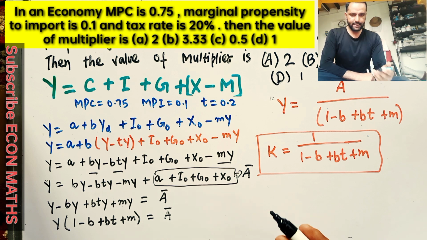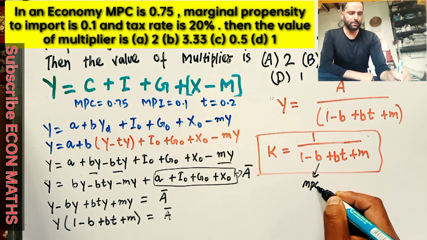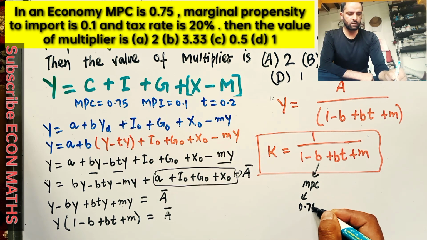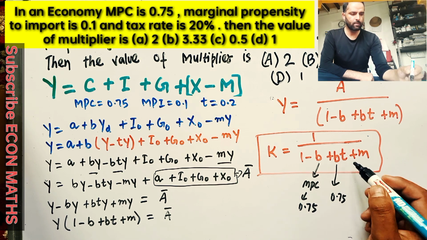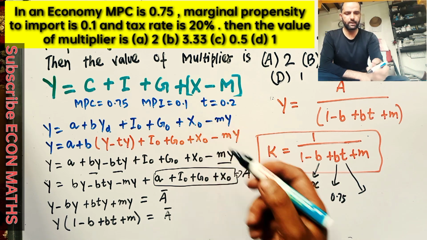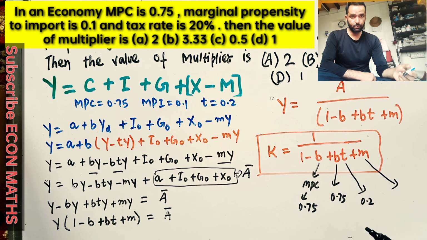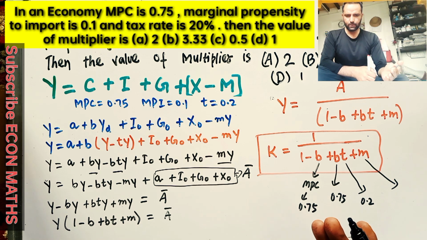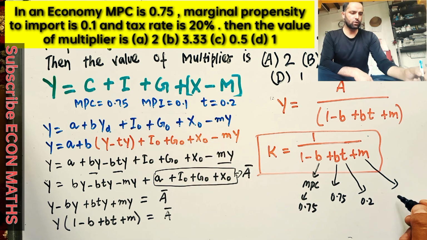Let's give the variables their values. b is our MPC, given as 0.75. t is our marginal tax rate, which is 0.2, and m is our marginal propensity to import, which is 0.1.